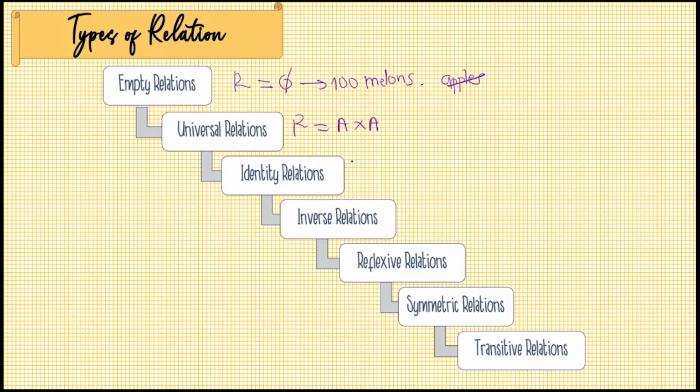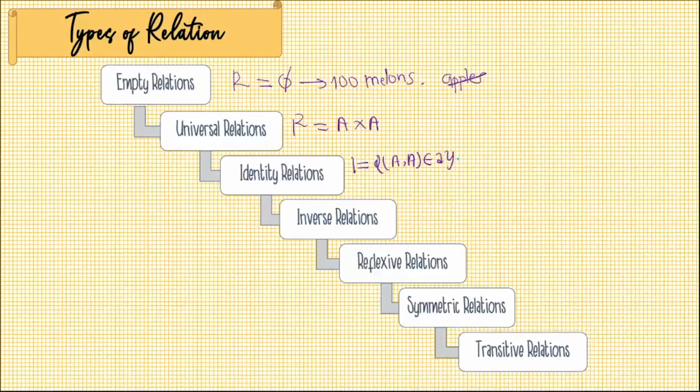Third is identity relations. If every element of set A is related to itself only, it is called identity relation. I is a set A, a belongs to A. For example, when we throw a dice, the total number of possible outcomes is 36.